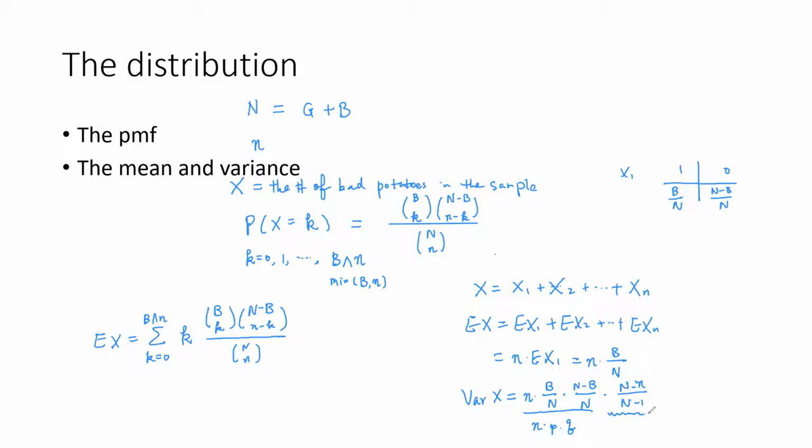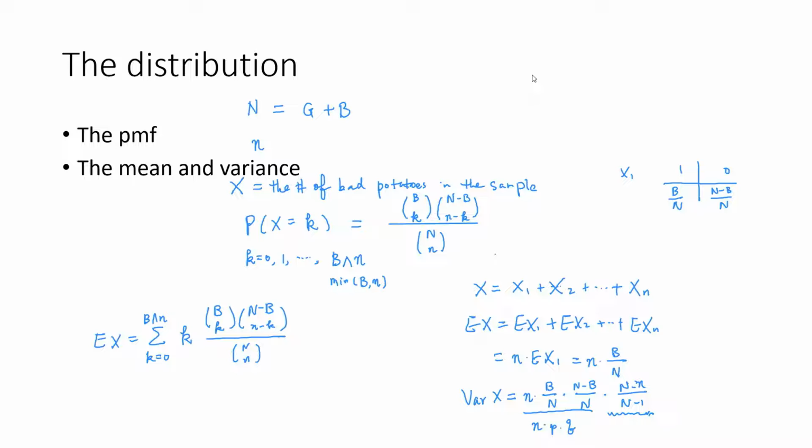And this last part quantifies the dependence of the random variables X1 through Xn. It is the correction of the variance from the binomial. I will talk a little bit about the relation between the binomial and hypergeometric distributions later. All right, so these are the mean and variance of the distribution.